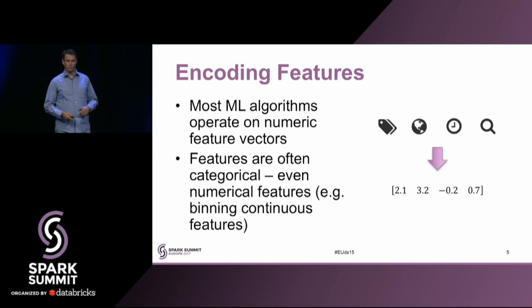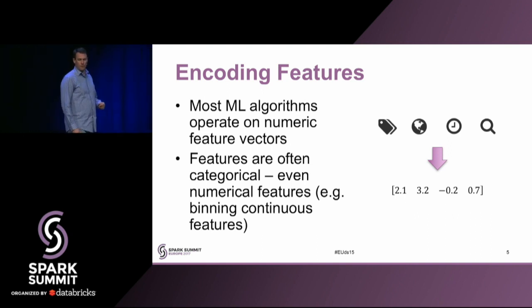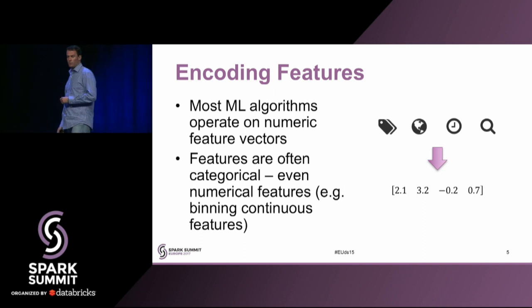So, for example, tags and other kind of metadata, geolocations, times of day, search terms, text. These all have to be encoded from their raw form into feature vector, into some numerical form. And even numerical features, continuous features, are often more useful when binned into some categorical feature.